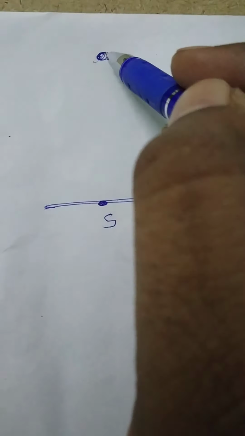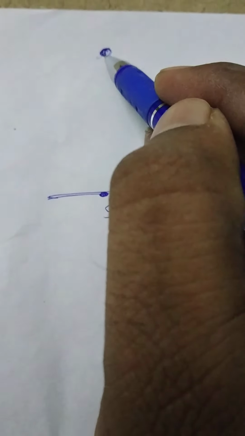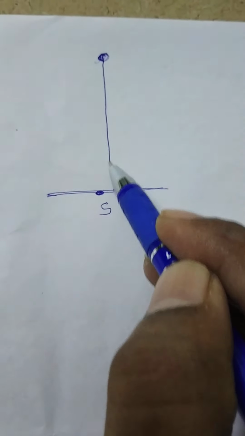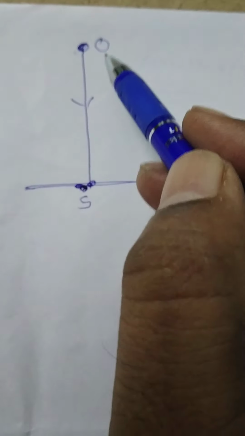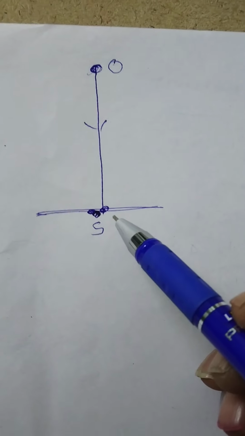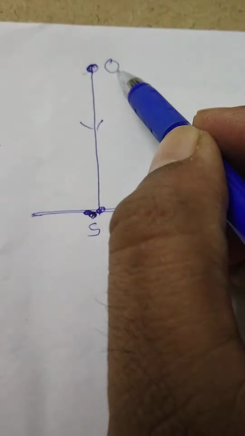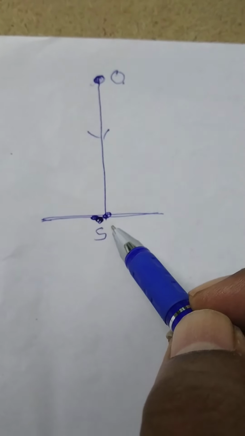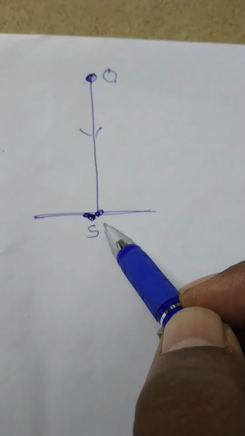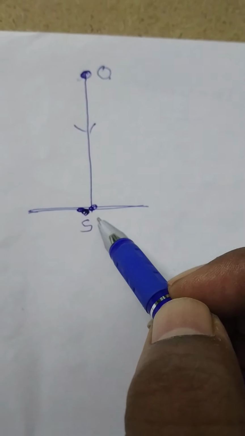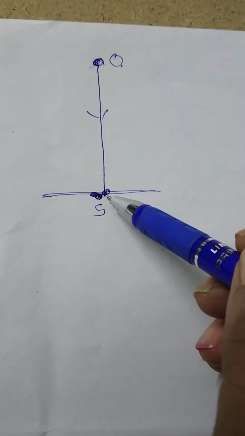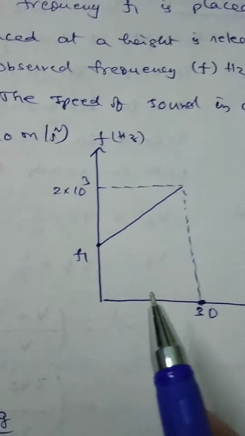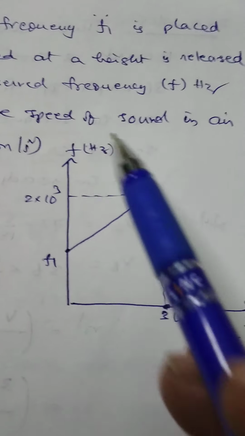A detector, meaning this is the position of the observer, is released from rest from a certain height above the source, just like a freely falling body, so that the observer can hear a frequency F, and the time taken between observer and source may be plotted like this. This is the graph of F and time.